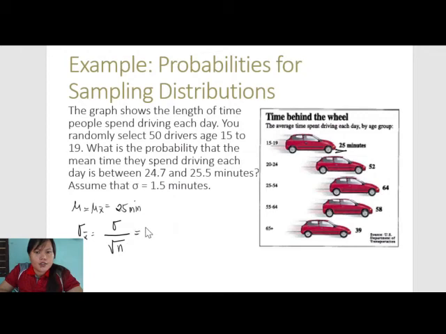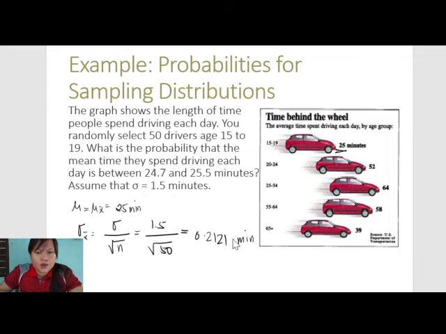So we have 1.5 over the square root of 50 drivers. That would be equal to 0.2121 minutes.